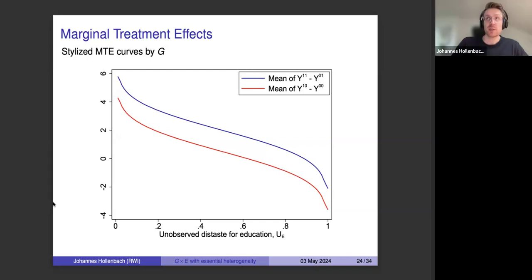I guess you could then directly estimate these marginal treatment effect curves. Usually they are rooted in a Roy model, where you would estimate this unobserved distaste for education. And if you were to observe it directly, which I don't think is possible, you could possibly directly estimate the response.